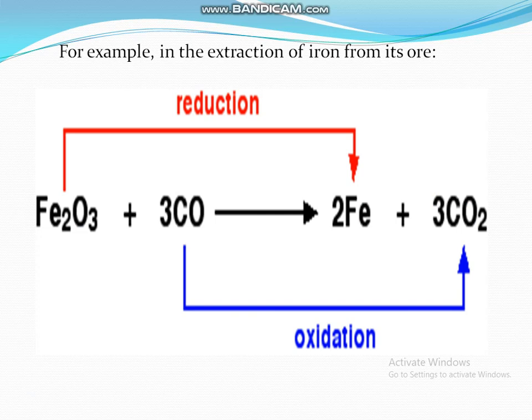In this reaction you can clearly see that Fe2O3 loses oxygen. That's why it is reduced, and carbon monoxide by gaining one oxygen is converting into carbon dioxide. That's why it is oxidized. So we can see in this reaction that reduction is the loss of oxygen and oxidation is the gain of oxygen.